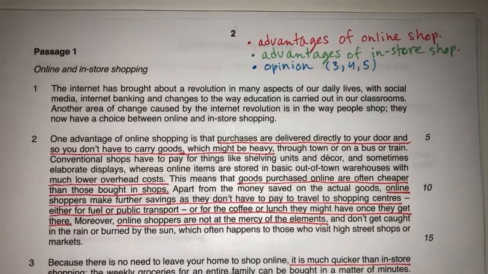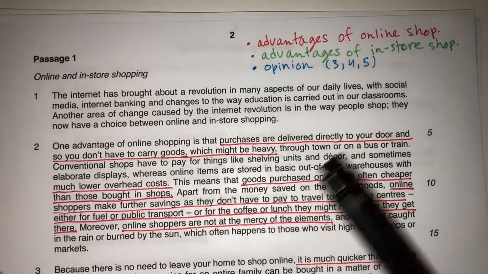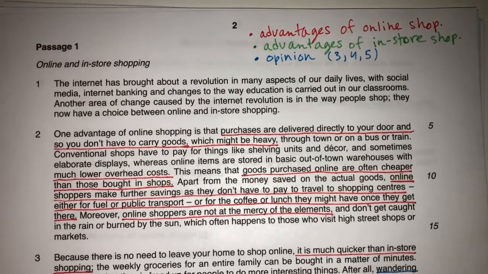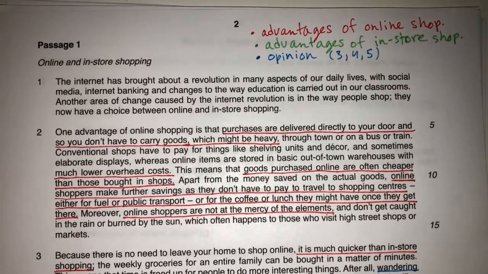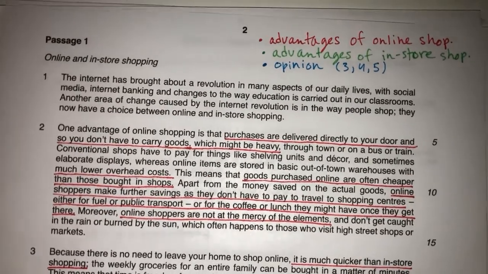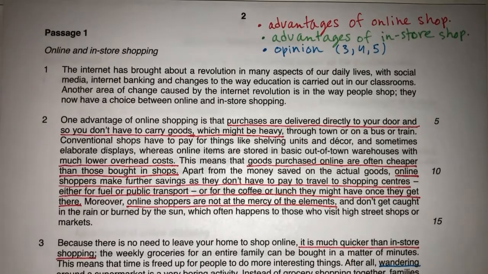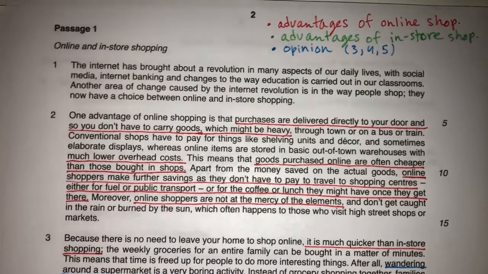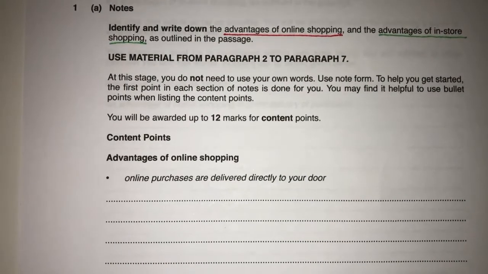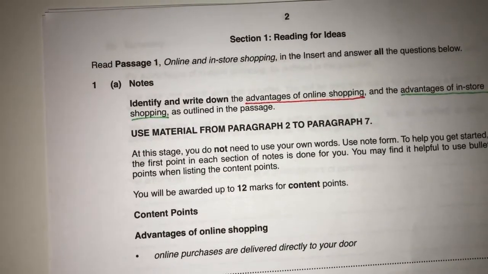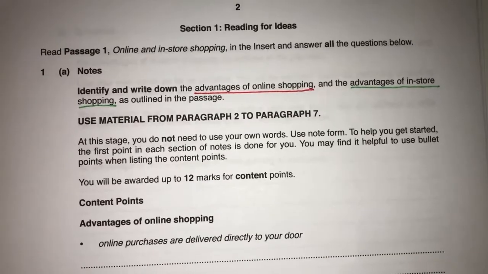Most companies have both online and in-store, but again, now with the pandemic, online is taking over, right? Because in-store is becoming dangerous during times like these. Okay, but anyway, this is what we have, and now we must go to our question 1A and get going with that.